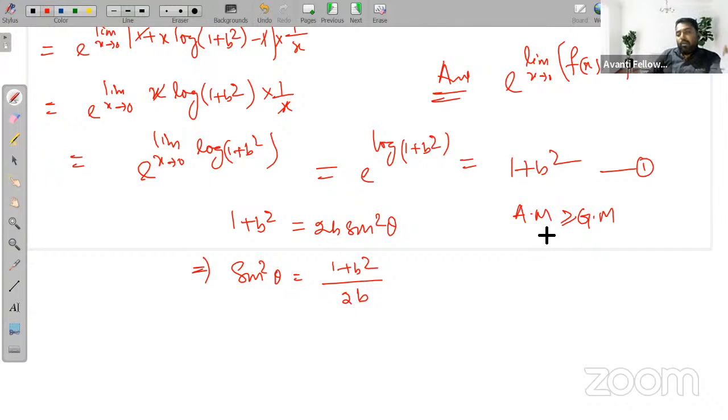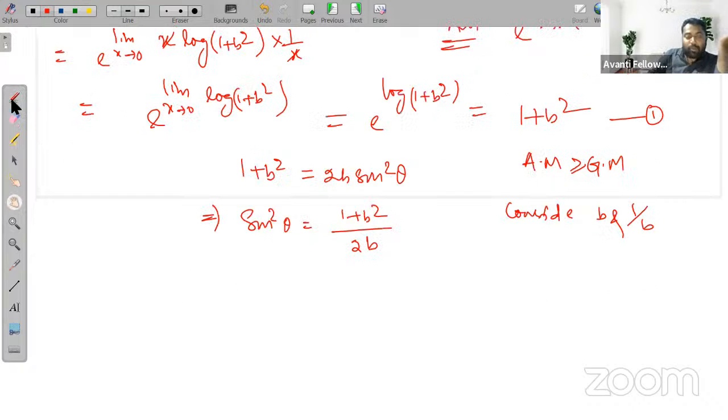Okay, if we consider two numbers, one is b, another is 1 by b. If you consider these two numbers b and 1 upon b, what is the arithmetic mean of these two numbers?